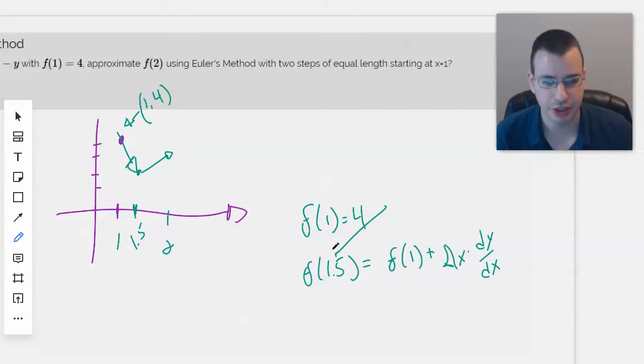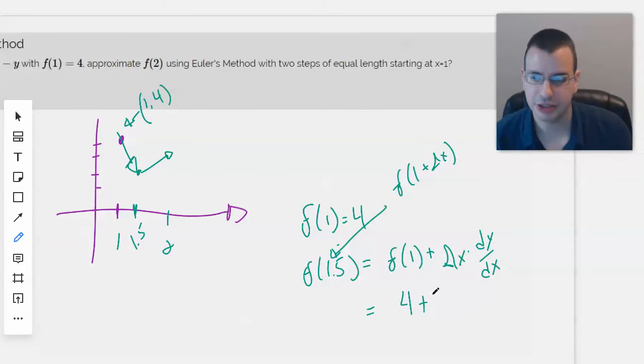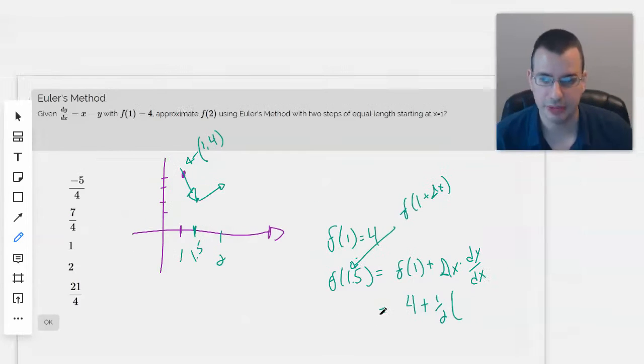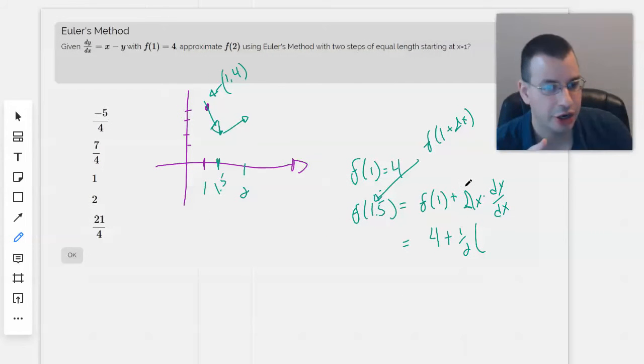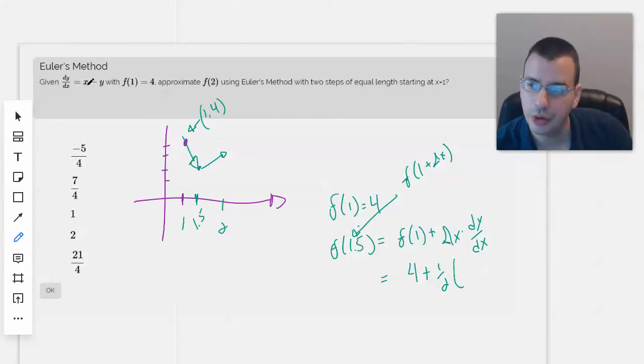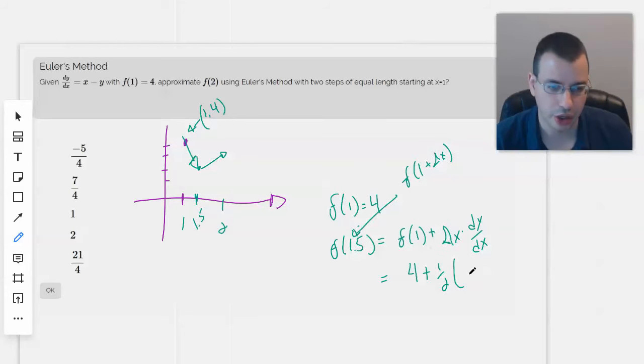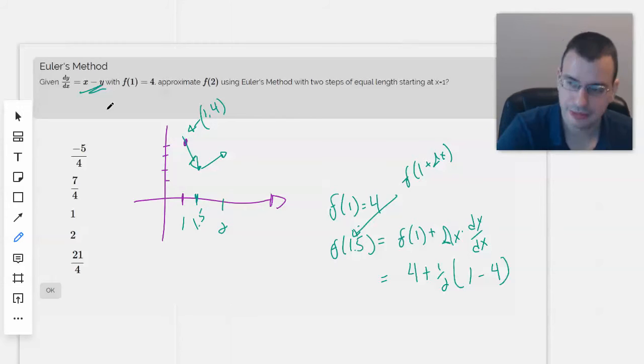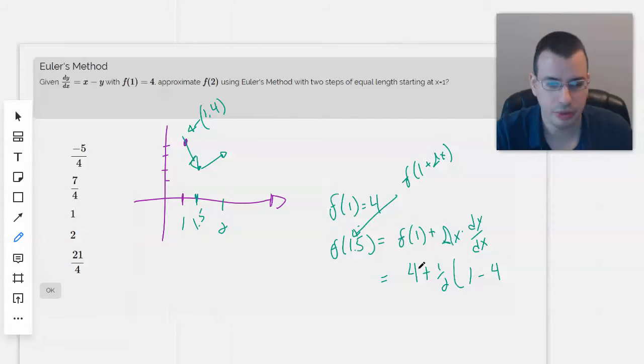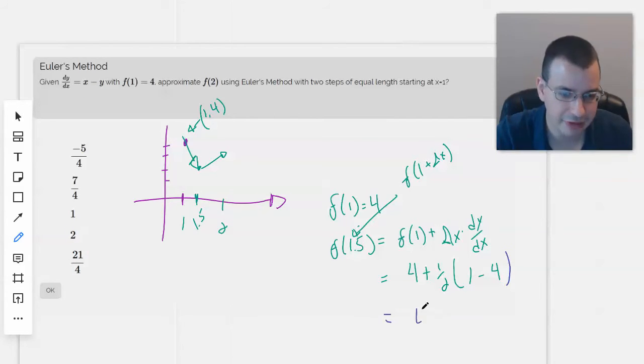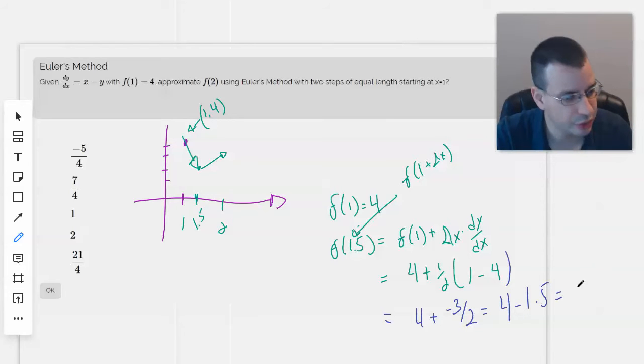I could also write this as f(1 + delta x). So we have 4 plus 1/2 times dy/dx, which is based on our previous data, x minus y. So x is 1 minus 4. So we have 4 plus negative 3/2, which equals 4 minus 1.5, which equals 2.5.